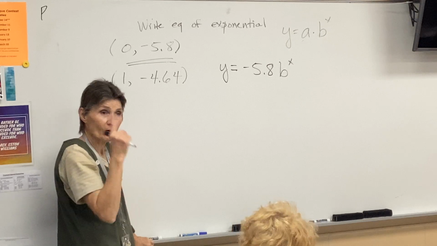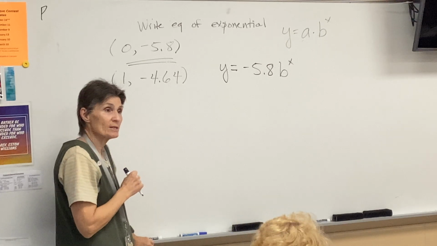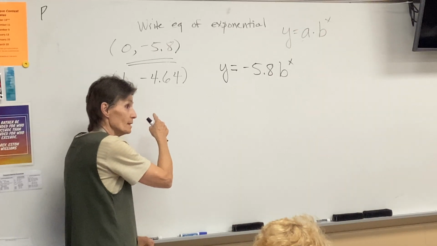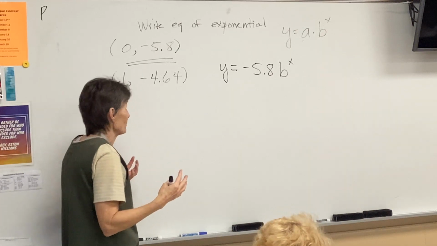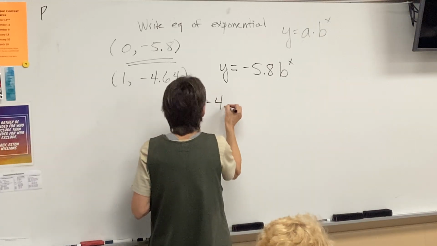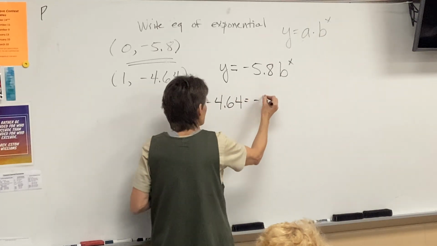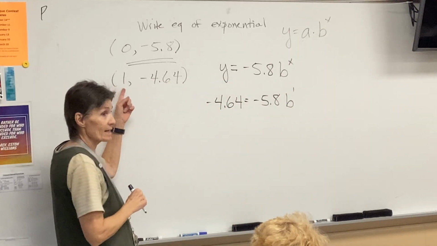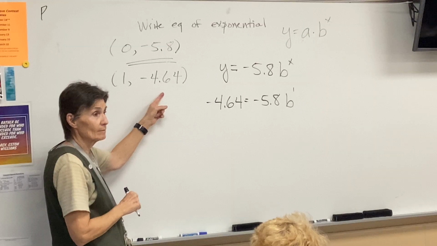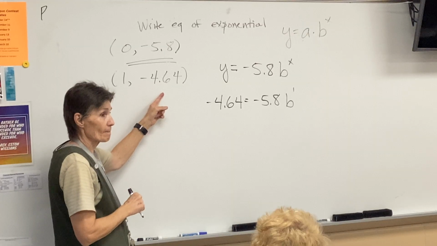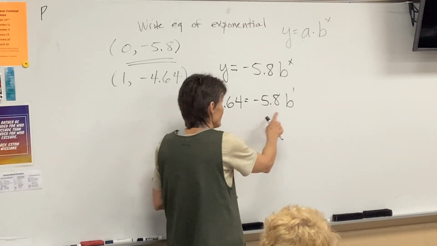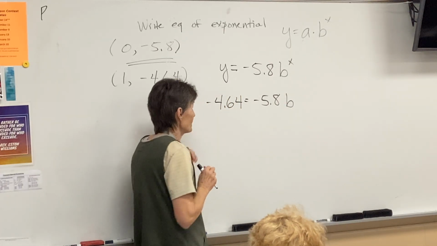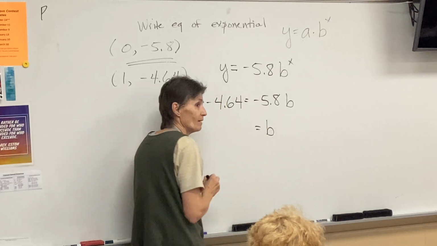All right, so far so good. Who remembers the next step? Plug in the other point. Now I have a calculator, so I'm not worried about this. Negative 4.64 equals negative 5.8 times B to the first, that's X, that's Y. Isn't B to the first just B? And if I want to solve for B, aren't I just going to divide?